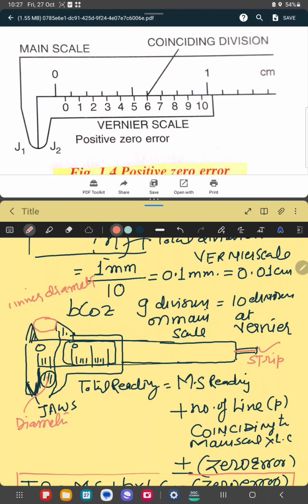So these are the few sections of the Vernier calipers, and if any question comes, we will surely discuss it. So right now we can wind up this discussion. In the next discussion we will see the screw gauge and the PYQs.